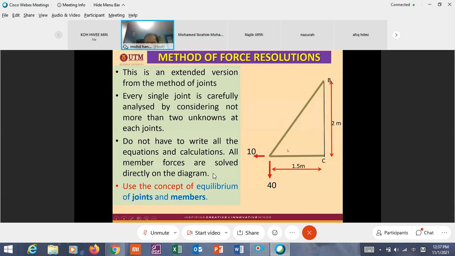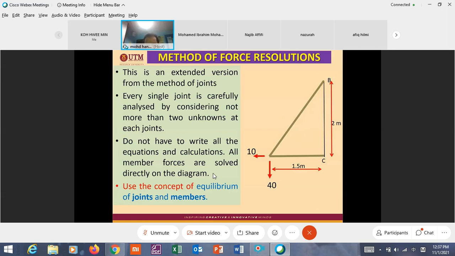So the first step is, we want to know the forces connecting at this joint, two members, not more than 2. Remember, not more than 2. For the section method, not more than 3; maybe you are confused. For the joint, not more than 2.